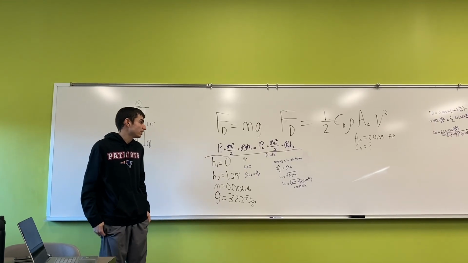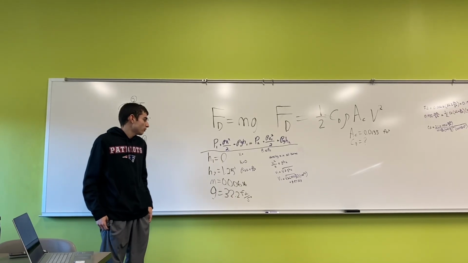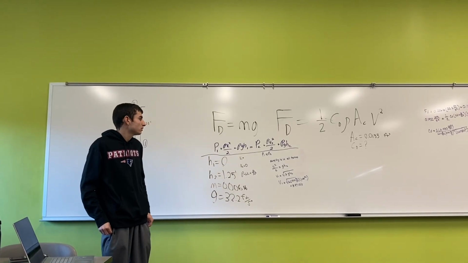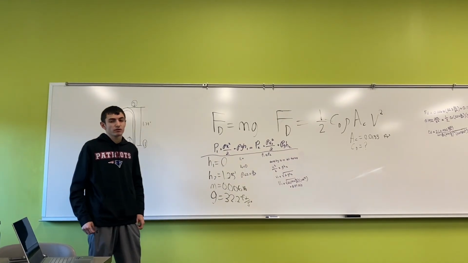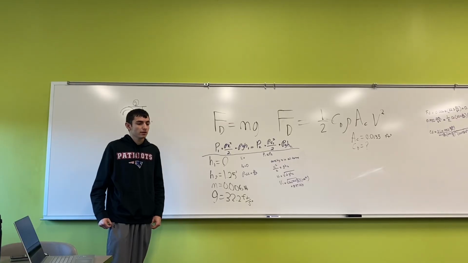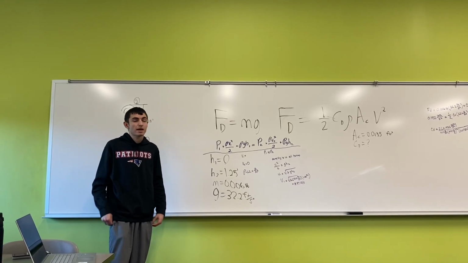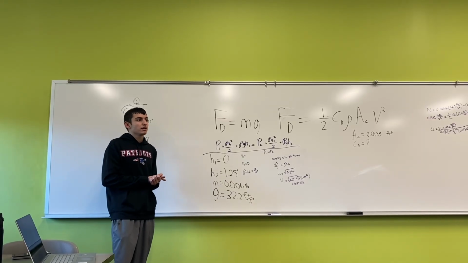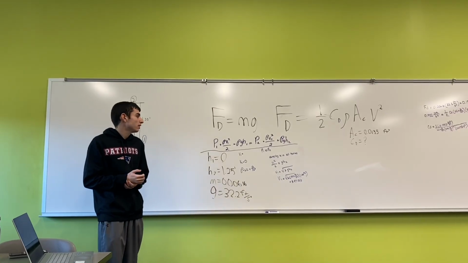We have the mass of the ping pong ball for the next equation, and gravity, which is 32.2 feet per second squared. With this equation, since the height difference is only 15 inches, that negates the pressure on each side, because the pressure is atmospheric pressure, and if the height is close enough, it makes it negligible for calculation.